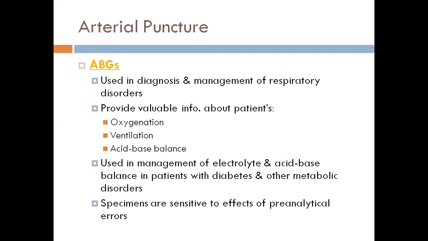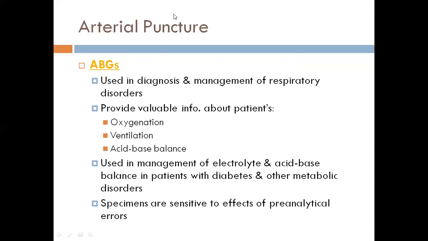ABG provides valuable information about the patient's oxygenation, ventilation, and acid-base balance. I'm pretty sure you've heard about acid-base balance in other subjects this semester or last semester. It is also used in managing electrolytes and acid-base balance in patients with diabetes and other metabolic disorders. Also, specimens are sensitive to the effects of pre-analytical errors.